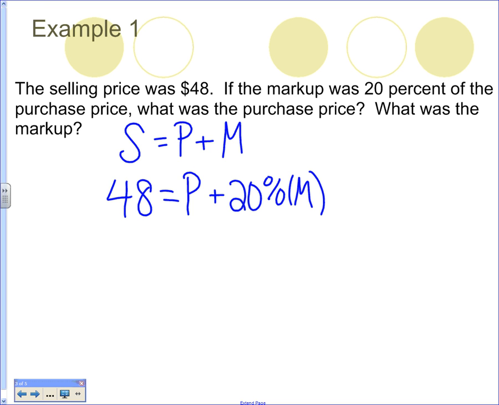Do you see how that works? Oh wait, not M. Not M. P. It's 20% of the purchase price. How can you write 20% as a decimal? So it's the same thing as 0.2. So what can we do now?